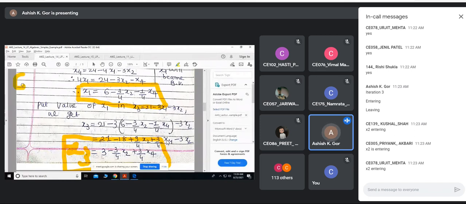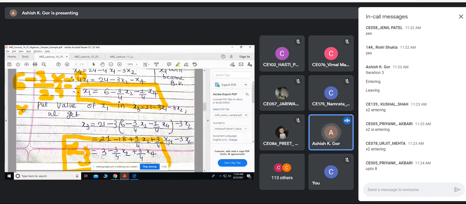So it is 6 minus 3 upon 2 x4. Maximum you can increase x2 until this becomes 0, because if it becomes less than 0, the x1 will go negative, which is not allowed. If you solve this, 6 into 2, 12 by 3.